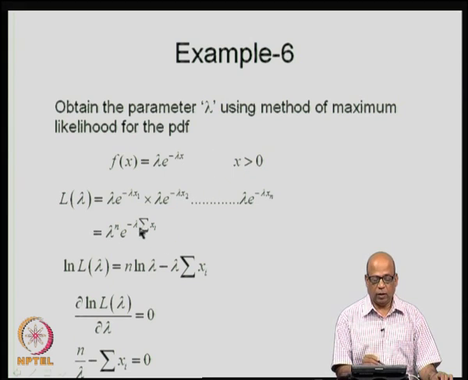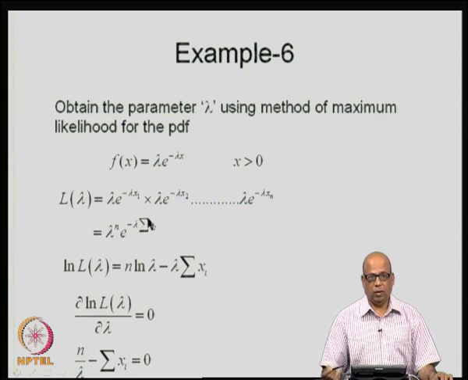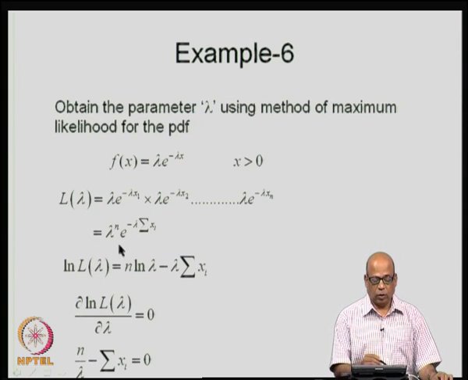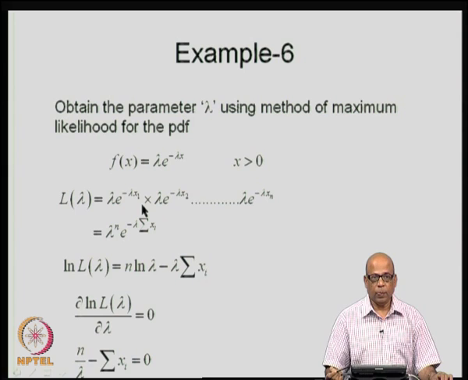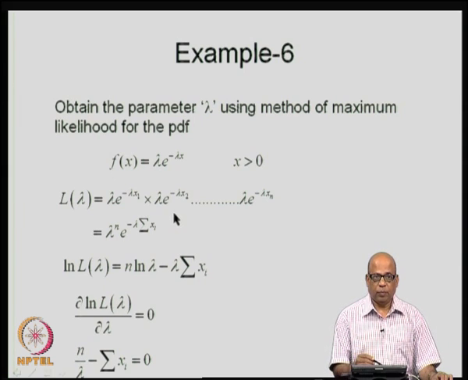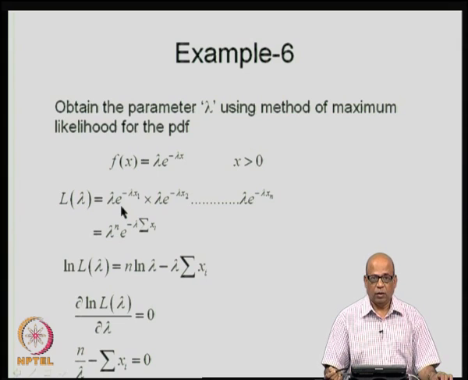So, I will repeat: lambda to the power n e to the power minus lambda summation of x i over i is equal to 1 to n. It is often convenient to take the logarithm of the likelihood function, because logarithm is a monotonic function of x, and therefore log of x will have the maximum at the same place where x has the maximum.